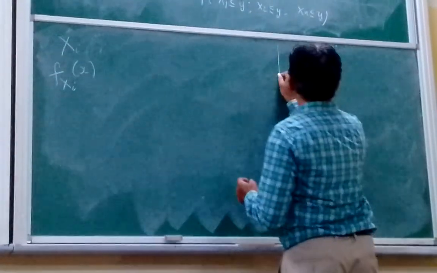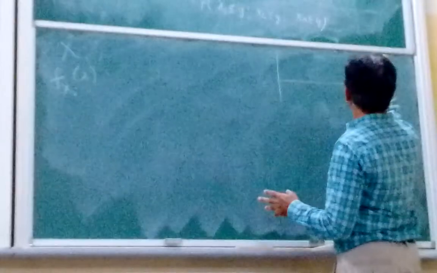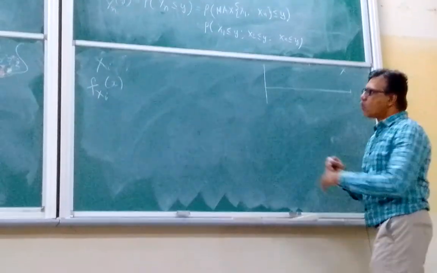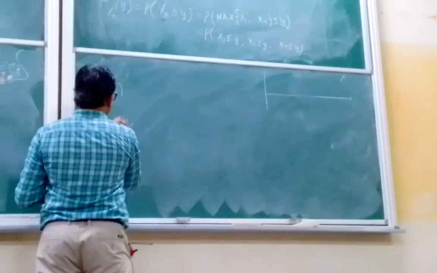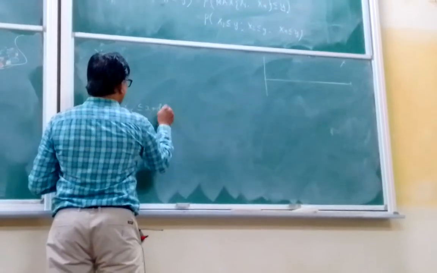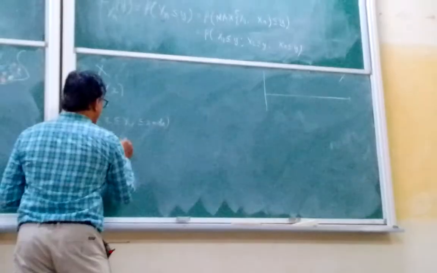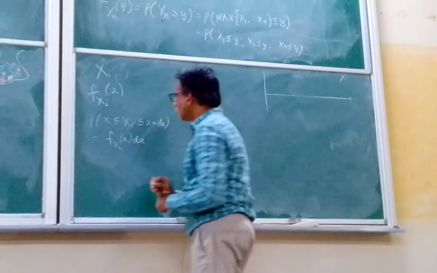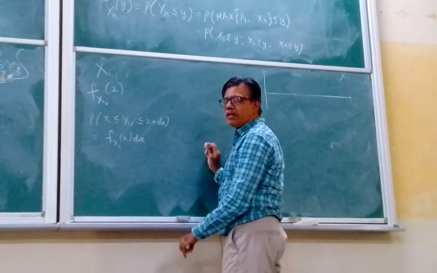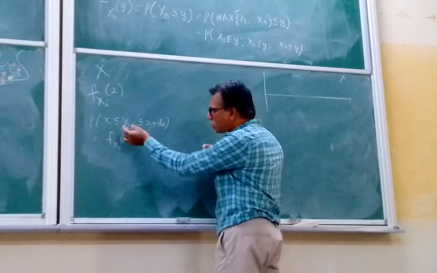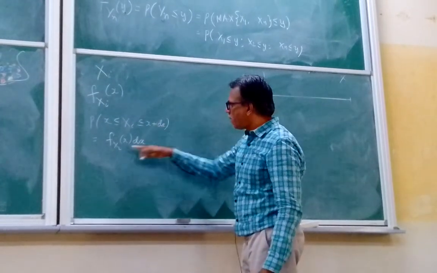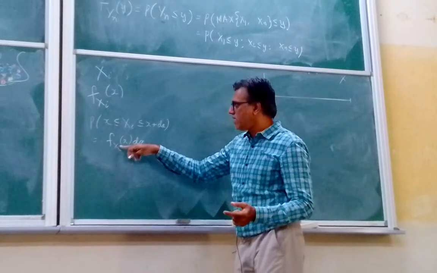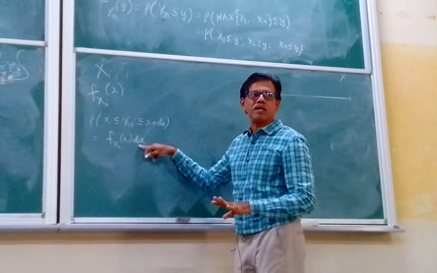Yeah, this is what we are looking for. So let's say this is the support for x. What does it mean actually? How do we interpret it? The probability that Xi lies between x and x plus dx is equal to f_Xi of x into dx. To get the probability that the ith minimum lies in an interval x to x plus dx, we multiply the density function of f_Xi at x by the interval size dx.